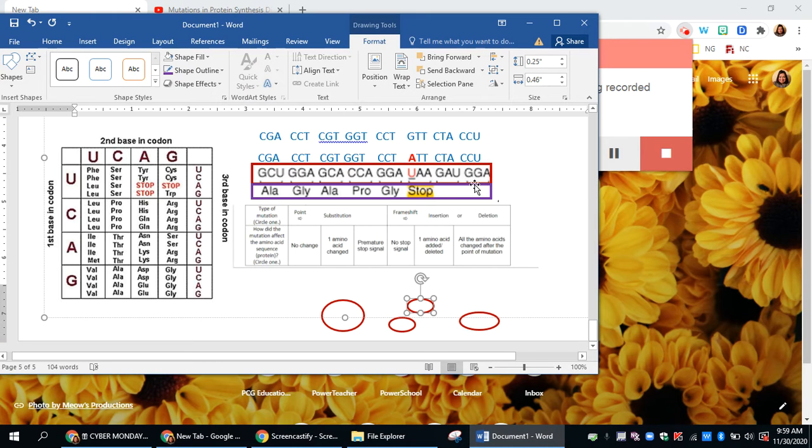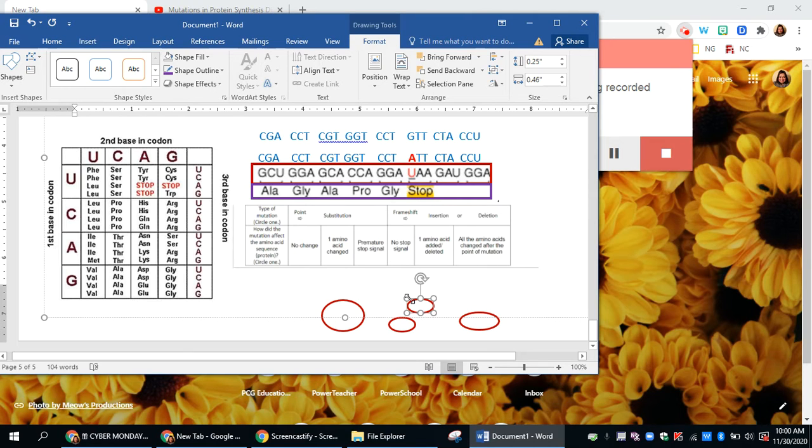In our next example, we have another change, another substitution. Again, where there should have been a G, there's an A that was substituted. And so that changes our mRNA code and codon. And so when we look up UAA, notice that we get a stop codon that makes the protein completely stop being formed.